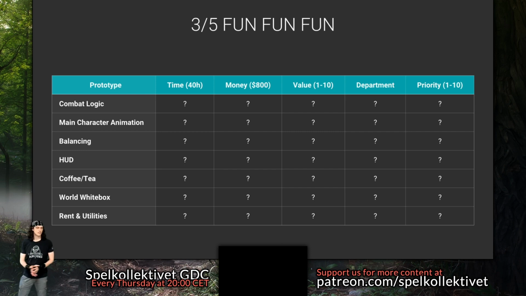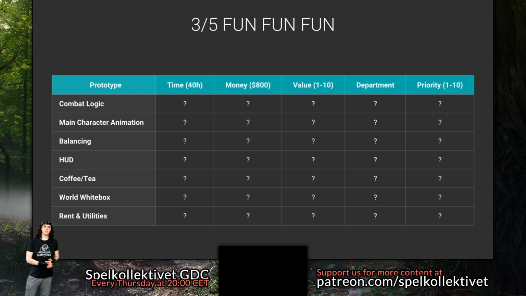So for me it's a little bit difficult to allocate the time, because normally when I think, okay, if I make a shooter, the combat logic needs to be good. Yeah. So I'm going to spend this entire week now to just flesh out the combat. But that doesn't mean that I think this is the only thing that matters. I would then the next week spend the entire week on probably balancing, animation, whatever.